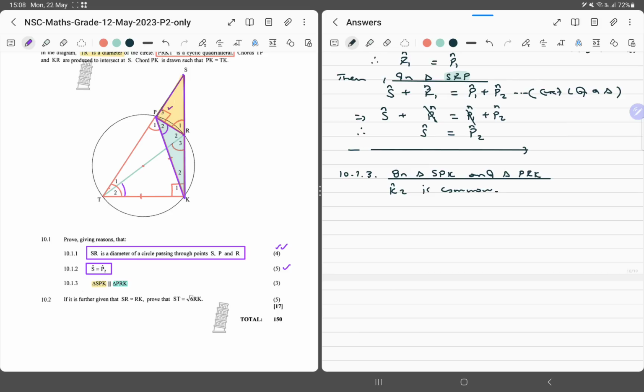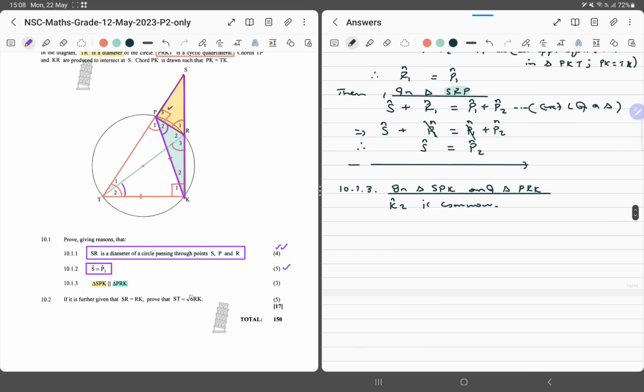Okay, it's obvious. There's no question about it. But we just proved above that angle P2 is equal to angle S. Maybe let me switch the order of these things, because I didn't work the way I'm supposed to. I started with PRK.